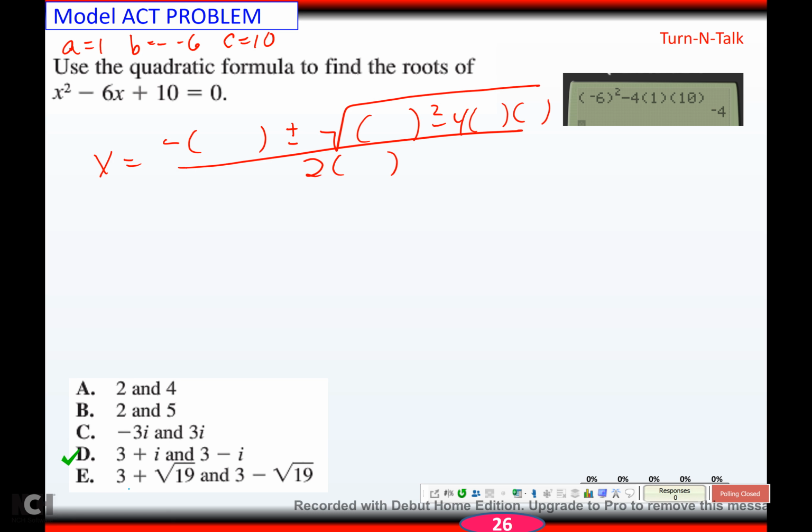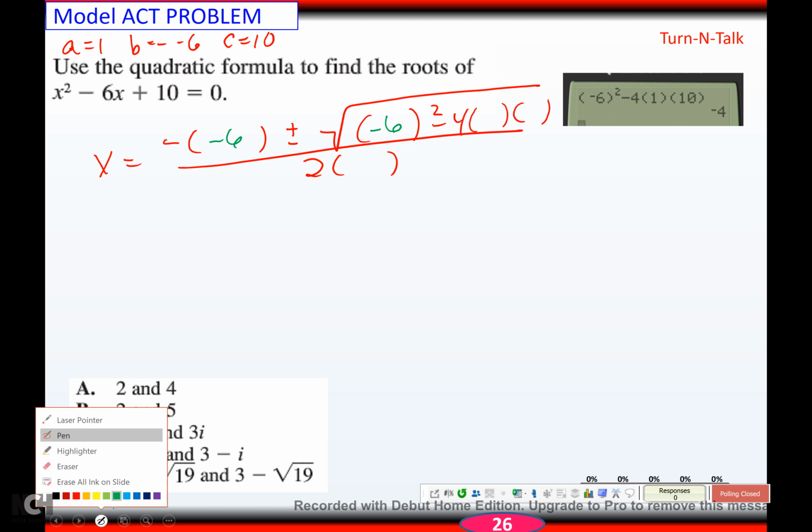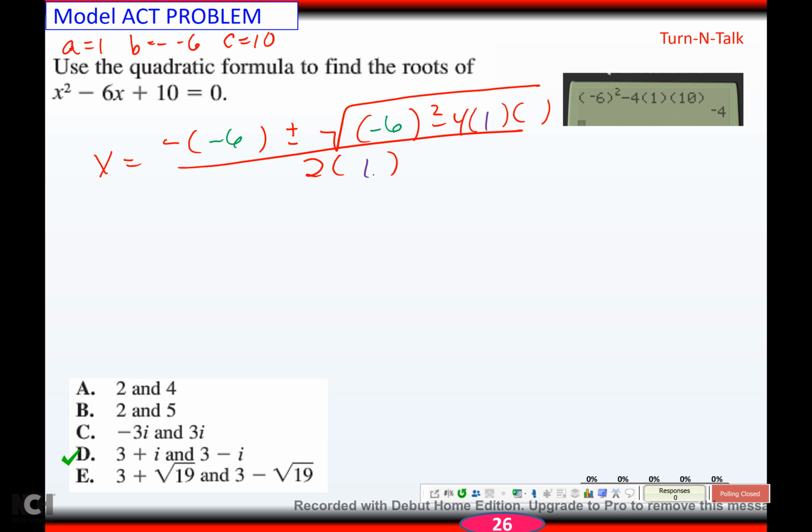And I plug in my numbers. B is negative 6. So let's mix up my colors. A is 1 and C is 10.